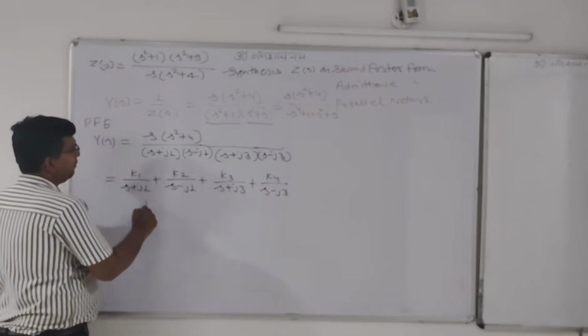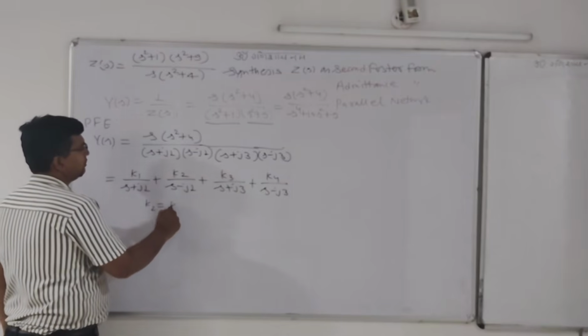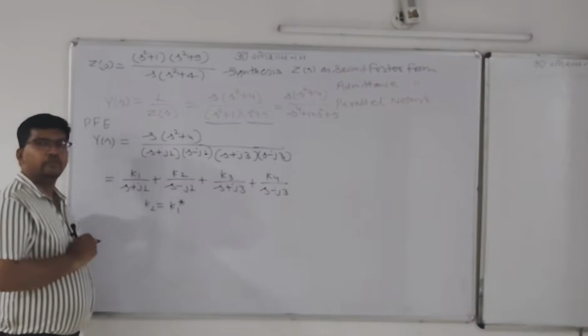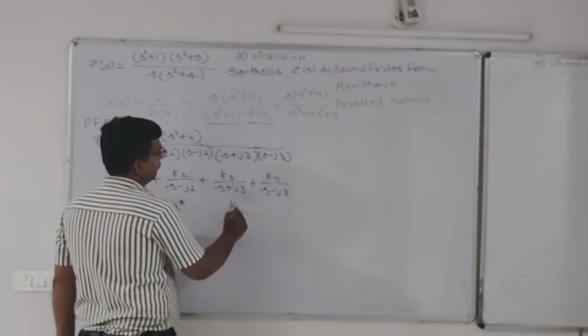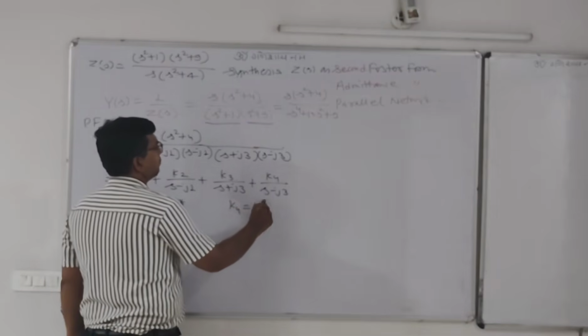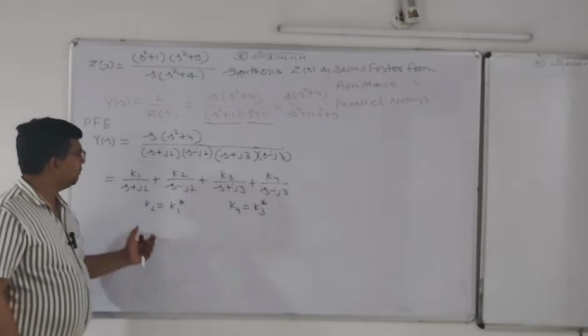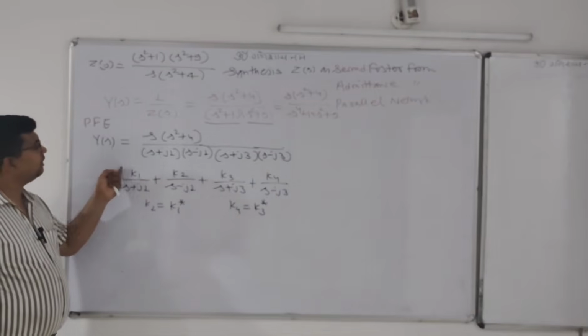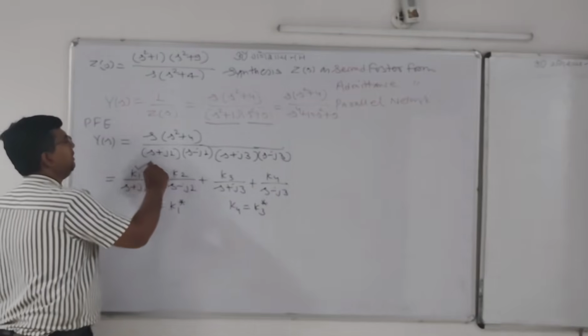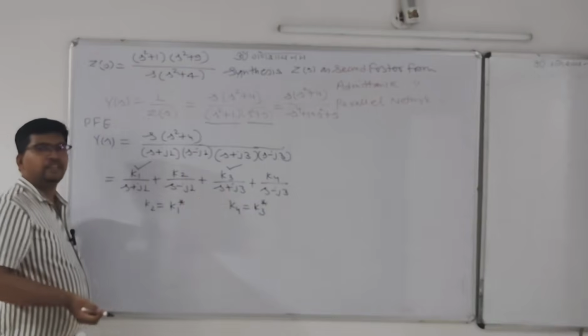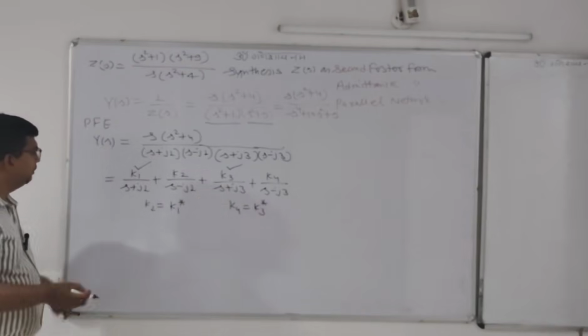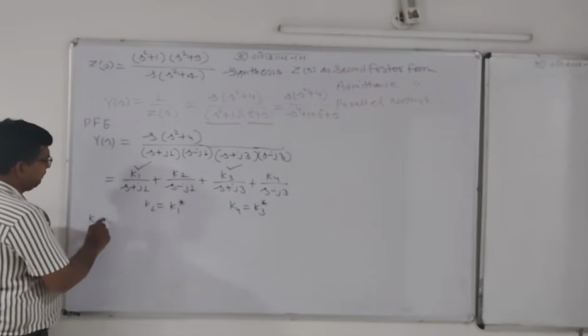So we do not need to determine K2, because K2 will be the K1 conjugate. Similarly, K4 will be the K3 conjugate. This is the advantage of this method. We only have to determine K1 and K3, and then we can determine K2 and K4. Now how can we determine K1?